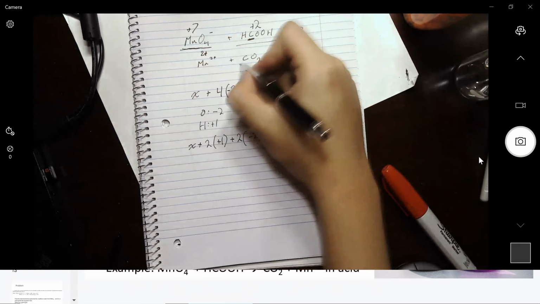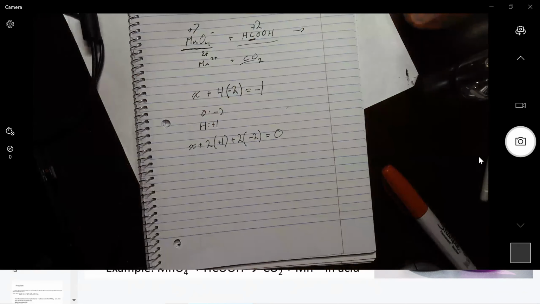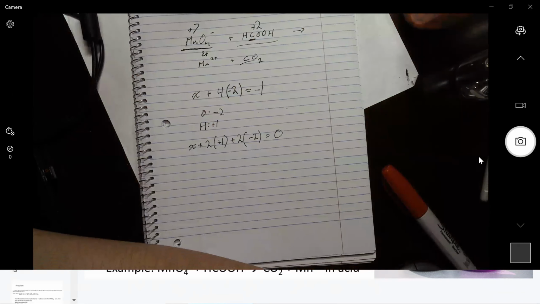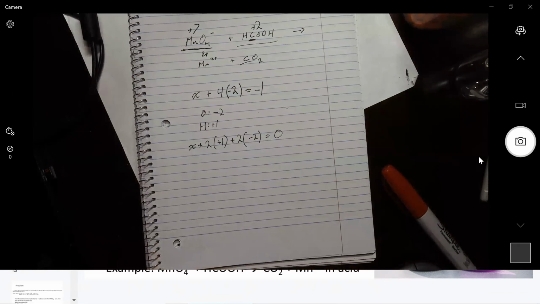And what's the oxidation state for carbon here? How do you get 0? So remember, assume that each oxygen is 2 minus. If you assume that each oxygen is 2 minus, what do you get?